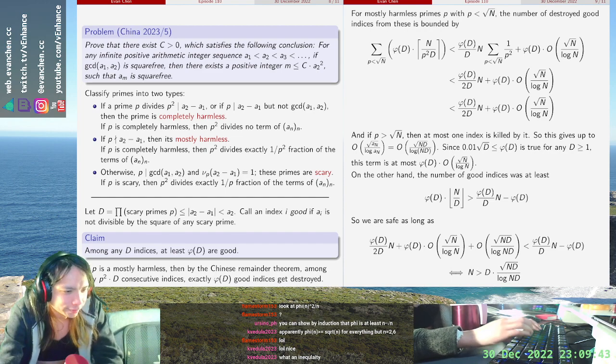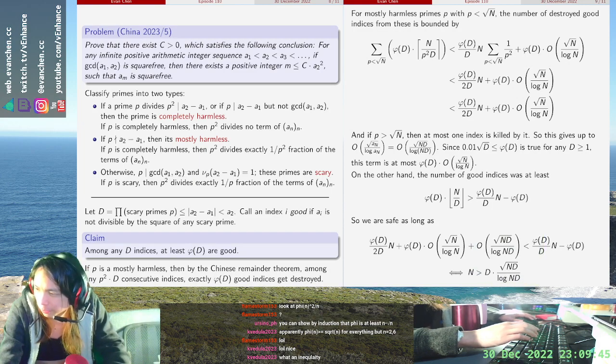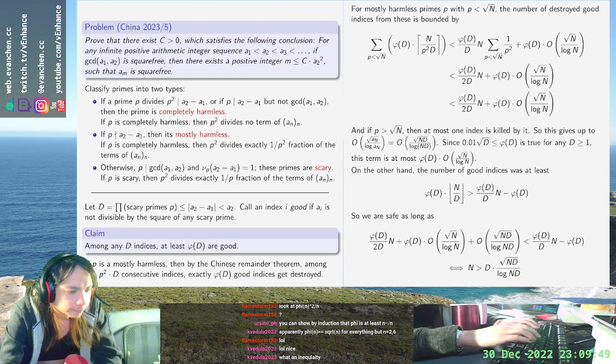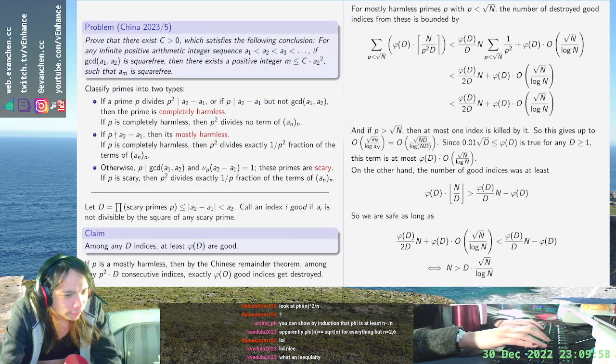Okay, so the point is that this term here is smaller than this one anyway, so it gets eaten by it. And so now there's no d. Root n log n. Okay, so as long as n is greater than d root n, this will be true.